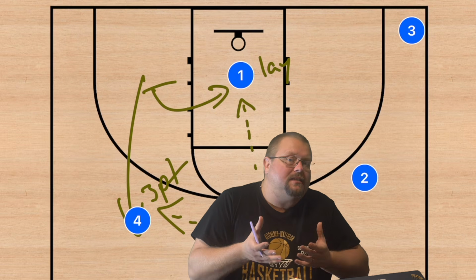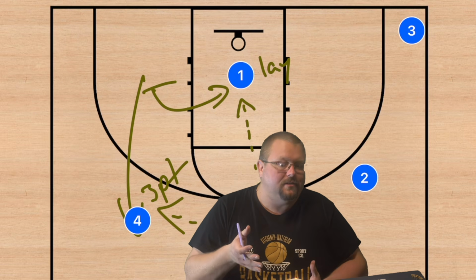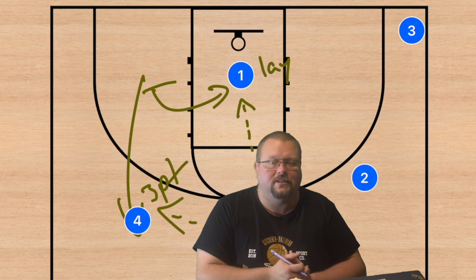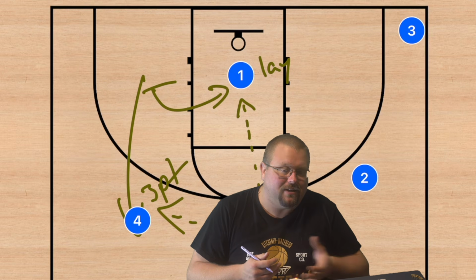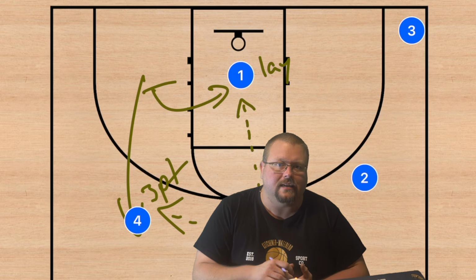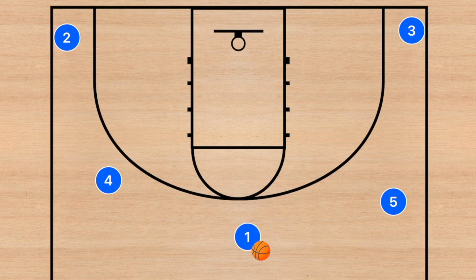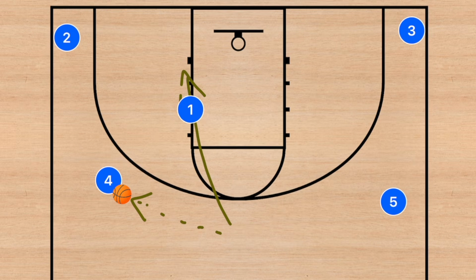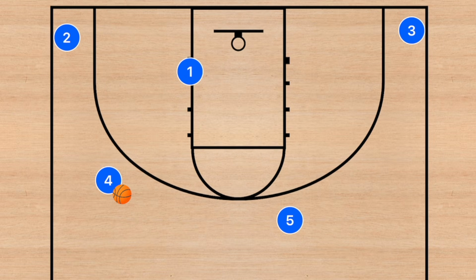And you could run this in multiple different ways. So you could even have it with your team where it's the exact same action, flex for example, and run it as a horns and run it as a 5-out. For example, if you wanted to run 5-out flex, you could potentially have player 1 pass to player 4, and this would be a very basic pass and cut. Player 5 would then show.